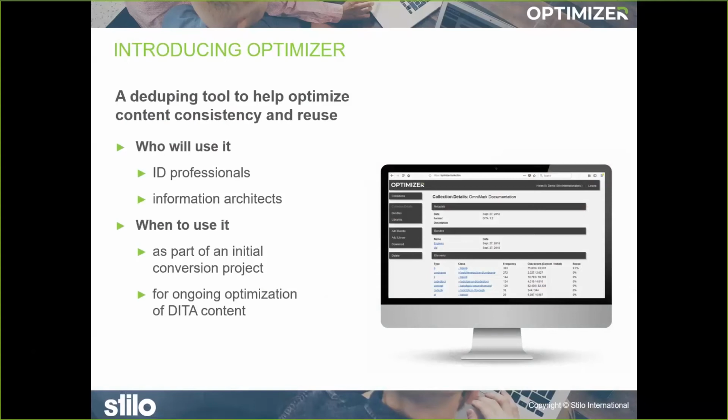As an example, if you've recently converted content to DITA, let's say you're using our Migrate conversion service, you can then dedupe this content before uploading it to your CCMS. We also have some other use cases in mind, which we hope to announce in the upcoming months, so stay tuned for that information.